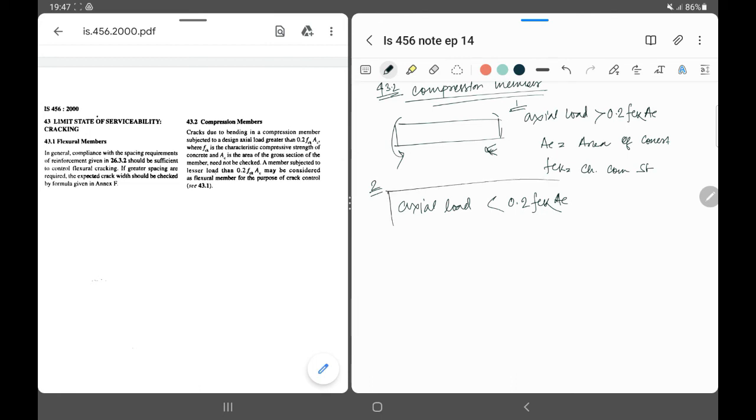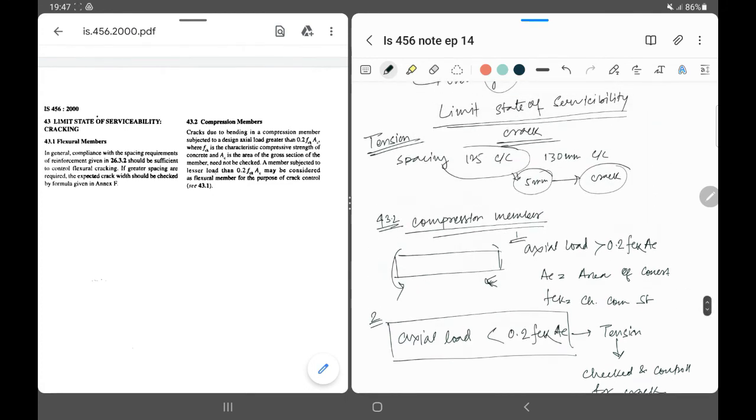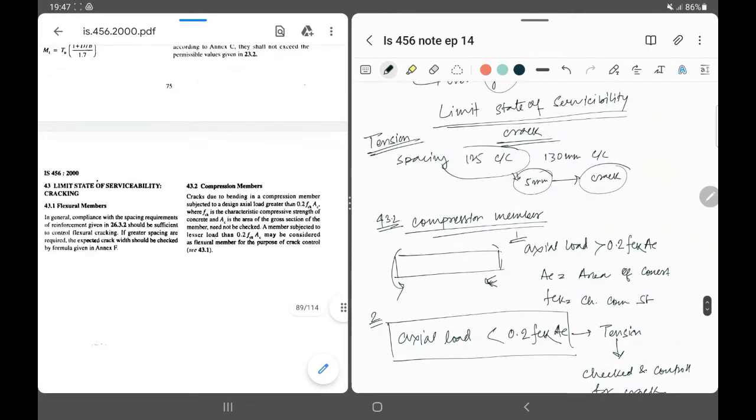Then treat this particular compression member as a tension member and check and control for crack. Yeah, this is all about your limit state of cracking.